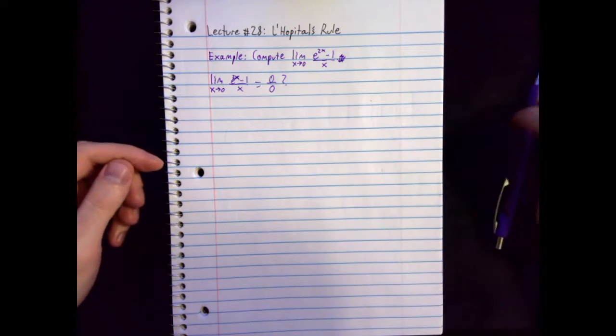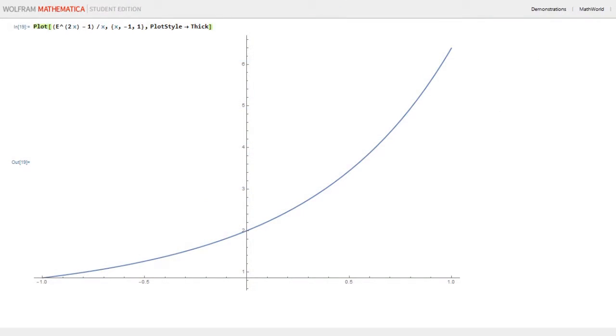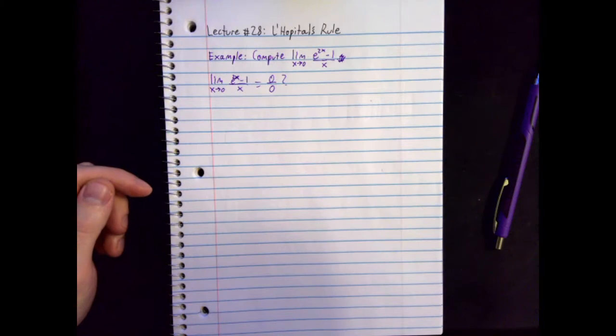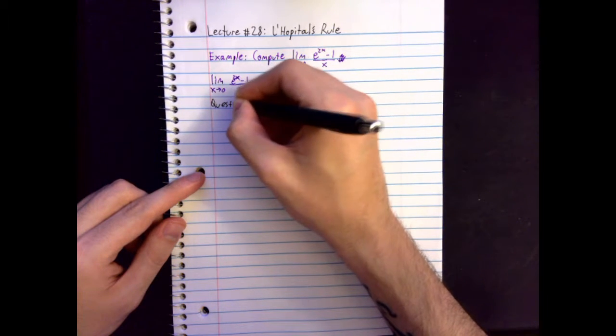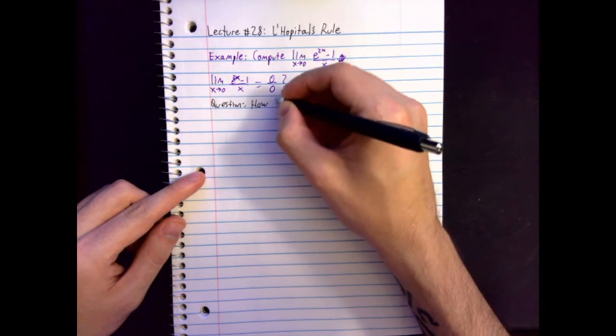Well, maybe let's look graphically at what this should look like. So, question: how do we compute this?